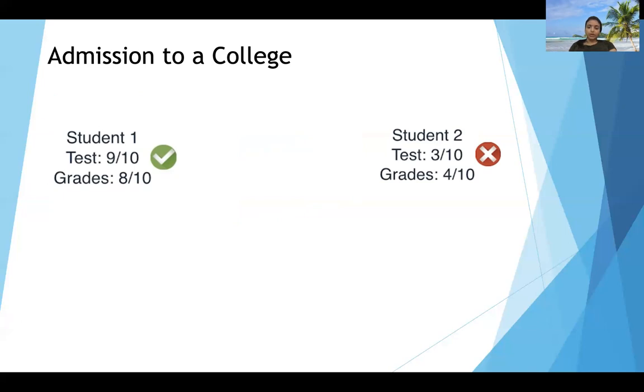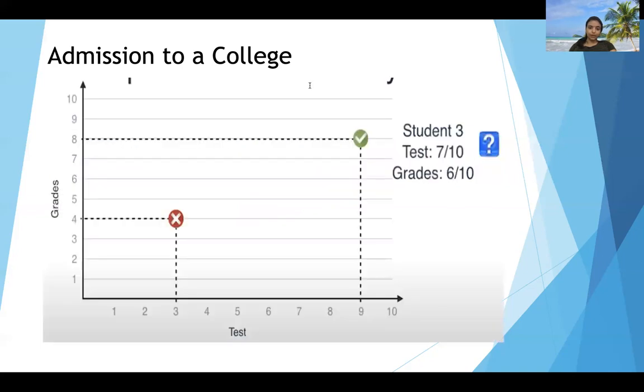And now we have a new student who scored 7 in test and 6 in grades. And the question is, do we accept him or not? To decide this, we'll first put them on the grid, where the x-axis represents the test and the y-axis represents the grades.